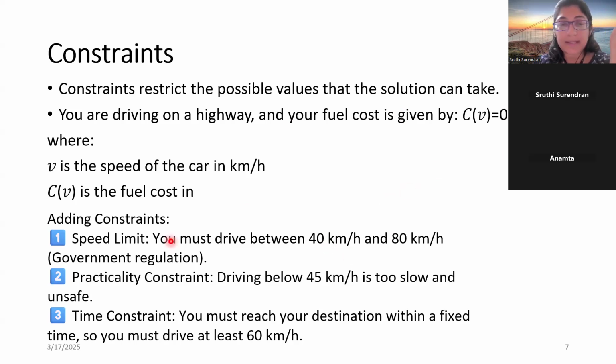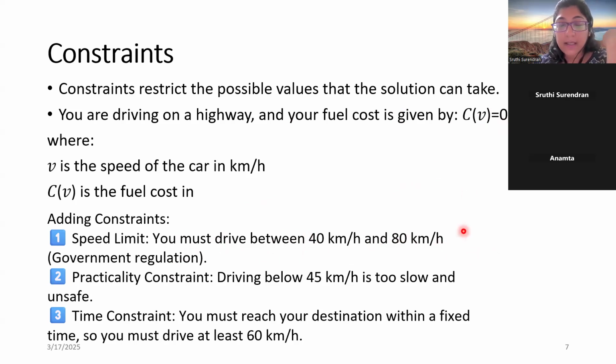Suppose we say that we want to know the most efficient speed at which the cost of the fuel will be less, but you shouldn't drive at a speed less than 40 kilometers per hour, or you should not exceed 80 kilometers per hour.